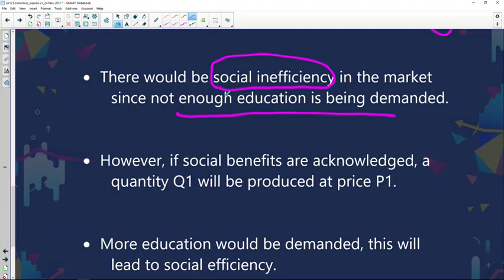However, if social benefits are acknowledged, a quantity Q1 will be produced at P1. But now we're looking at the social benefits. So if people see and acknowledge the social benefits, then this will create an increase, and then the price will be at P1 and the quantity will be at Q1, because people see the value or the social benefits of having access to an education facility.